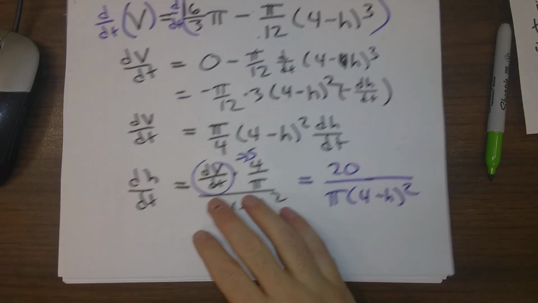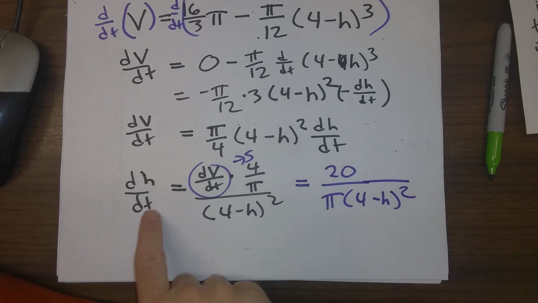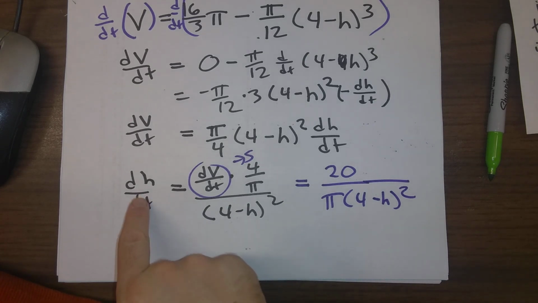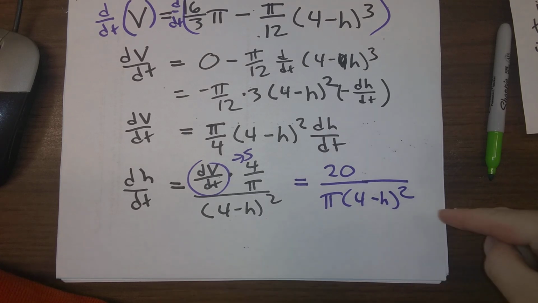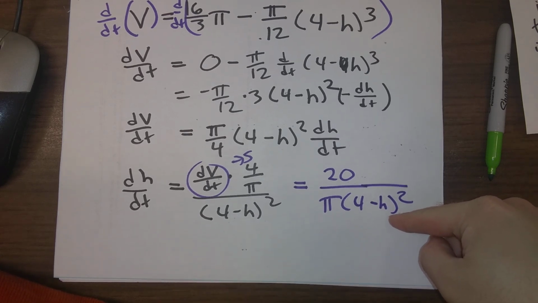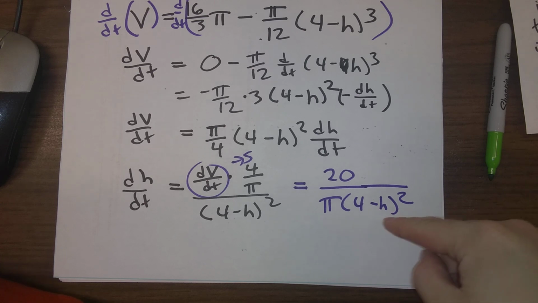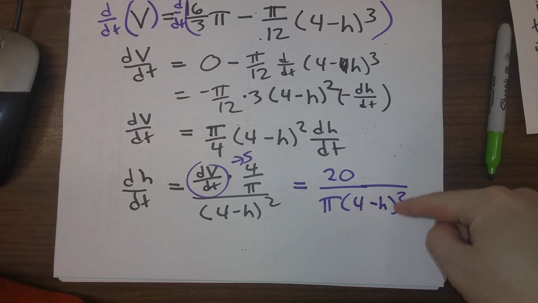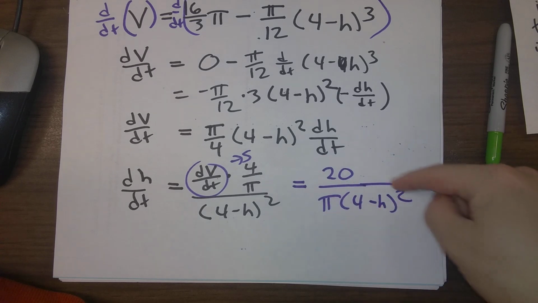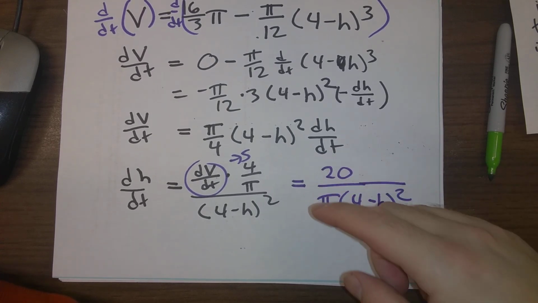So here's our final answer for how fast our height is changing, and we see that the rate at which the height is changing depends on the height of the water in there already. So the bigger h is, the smaller 4 minus h will be, which will be a smaller denominator, which will be an overall larger rate of change.